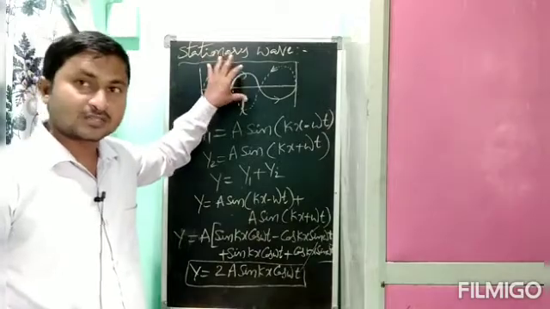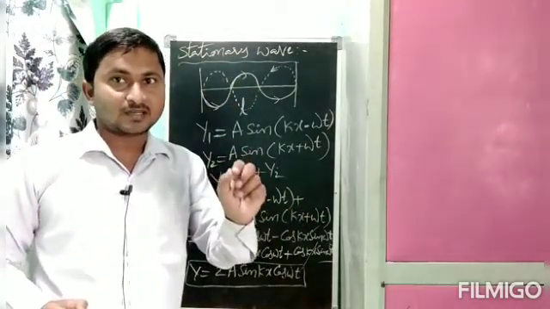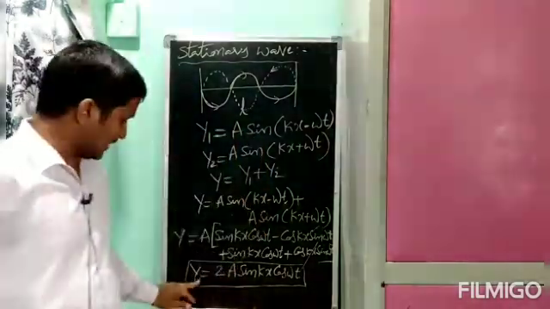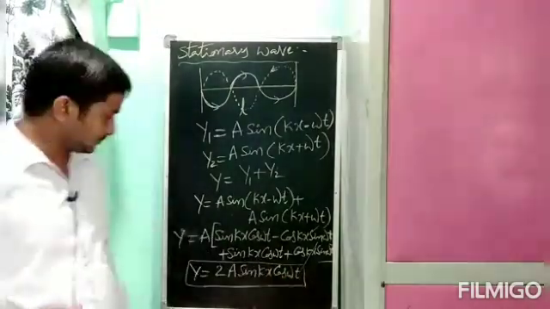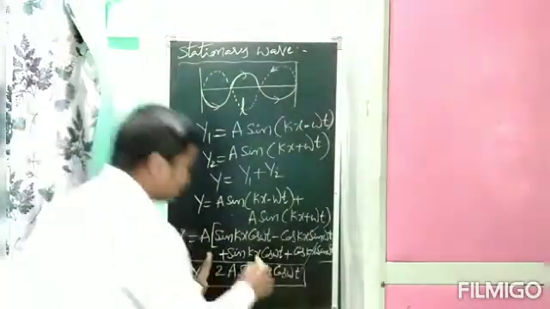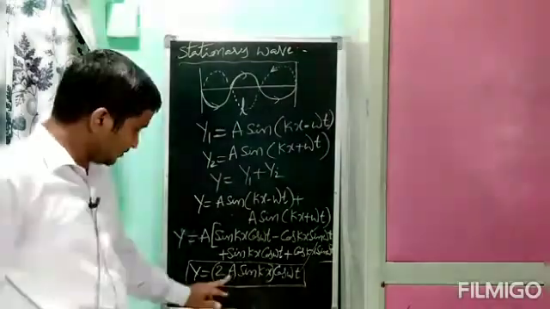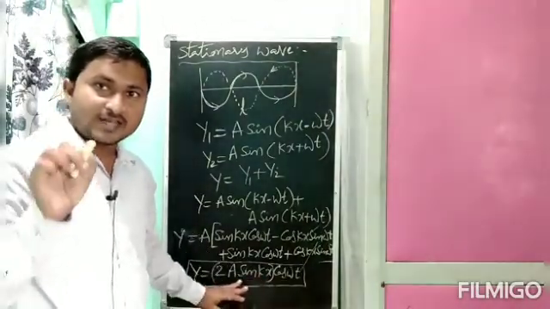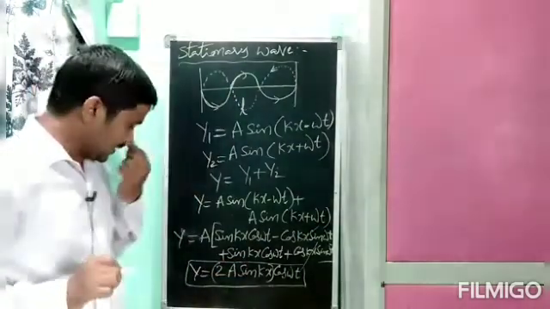When two waves are superimposed on each other, the resultant displacement of the wave pattern formed is y equal to 2a sin kx cos omega t. This equation is of the form y equal to A cos omega t, where A is the resultant amplitude of the stationary wave formed.